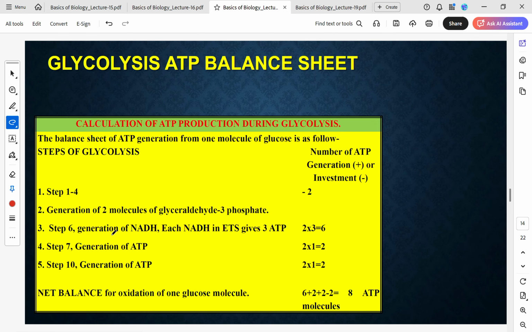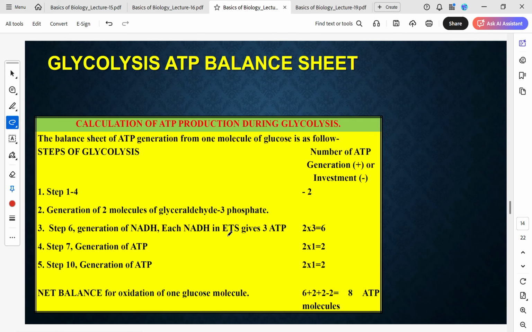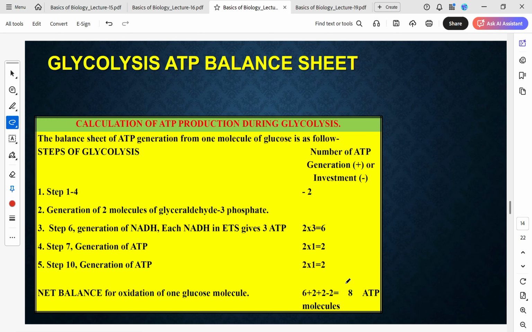At step 7, where there is conversion of 1,3-bisphosphoglycerate to 3-phosphoglycerate, you get 1 ATP molecule, so 2 ATP molecules from there. Conversion of phosphoenolpyruvate to pyruvate gives you another ATP molecule, so 2 ATP molecules from there.